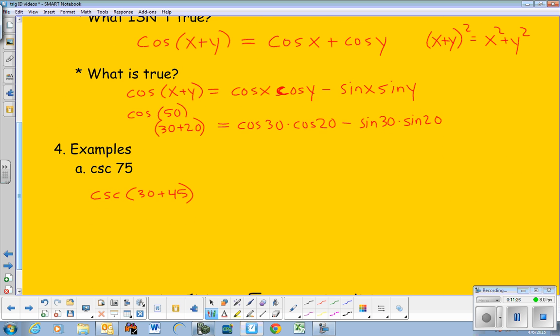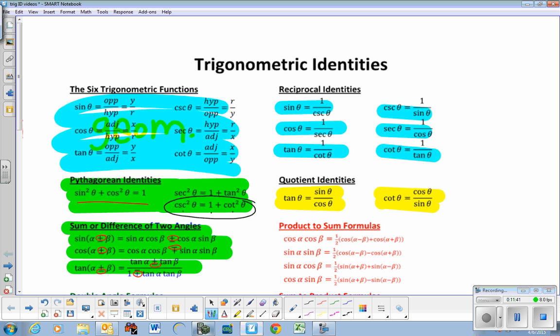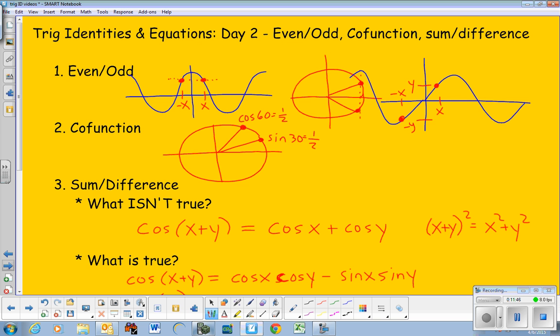Right, so this is equal to 1 over sine of 30 plus 45. So we have a sine of A plus B situation. Sine of A plus B is equal to sine A cosine B plus cosine A sine B.